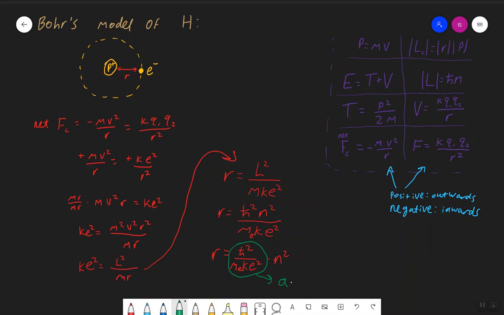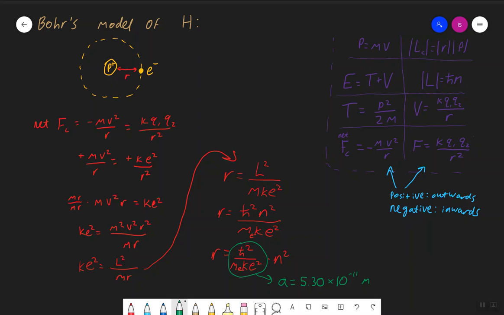So A is equal to this h bar squared over m_e k e squared, and we can plug in numbers here and find the value of this is 5.30 times 10 to the negative 11th meters.